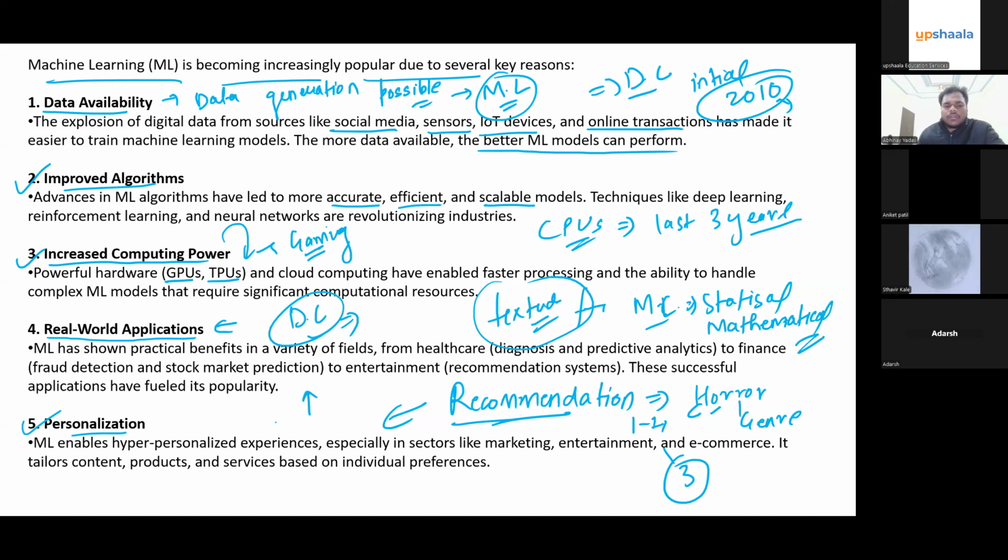Based upon other customers' history, they show that particular product. Based upon your history also, they show some products. So they are using combined models to give you personalization. That is a different thing, but the base is the same.